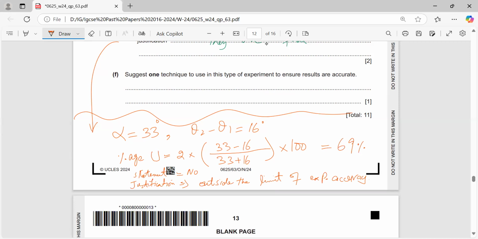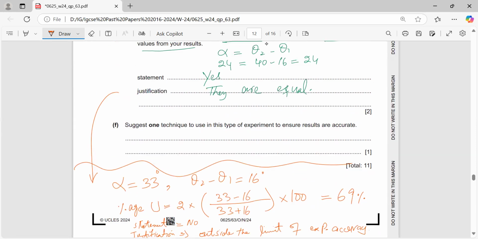So like this. But if after calculation the answer was, let's suppose, 9%, then in the statement we were going to write yes, if the percentage uncertainty was less than 10%, like 7, 8 or 9%, 5%, 2%, whatever. So the statement was going to be yes, and the justification was within the limit of experimental accuracy.